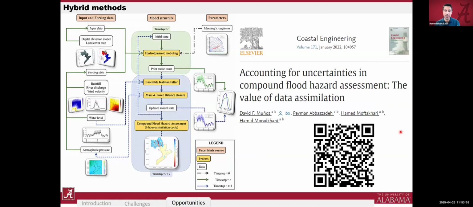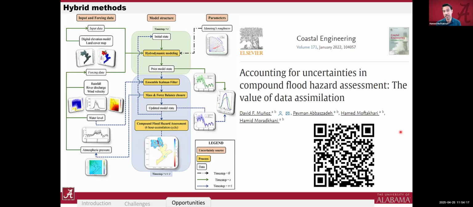And the last example is that we know there are a lot of uncertainties here and there in our simulations, especially when you're dealing with numerical modeling. And we know that satellites and all forms of remote sensing provide near real-time data. There's a category called data assimilation, a category of methods that help you update your parameters and the state variables in your model.